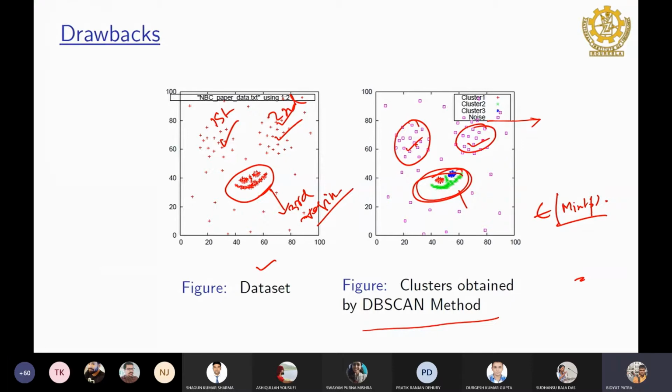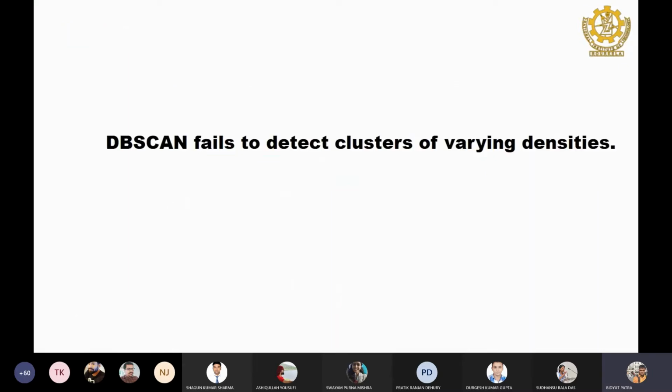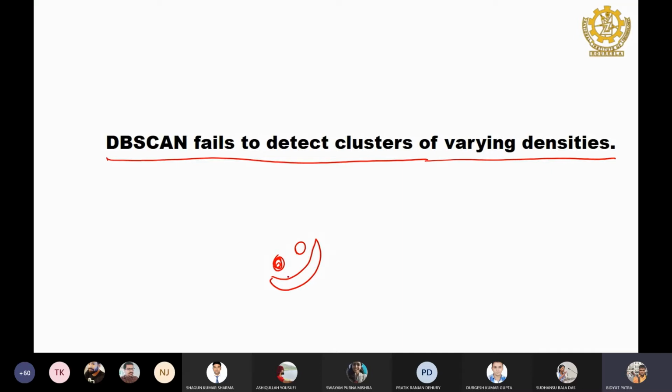That means if the data set has clusters with varying density, then DBSCAN cannot work. Therefore, the major drawback of DBSCAN is that it fails to detect clusters of varying densities. As in the last example, you have one cluster here and another cluster here, and within these three clusters also the density varies heavily. So in that case, DBSCAN cannot work.